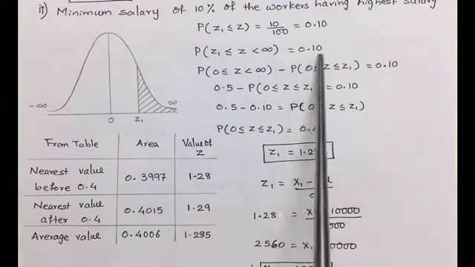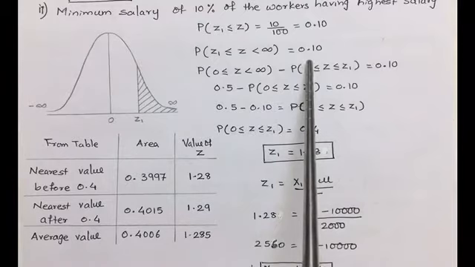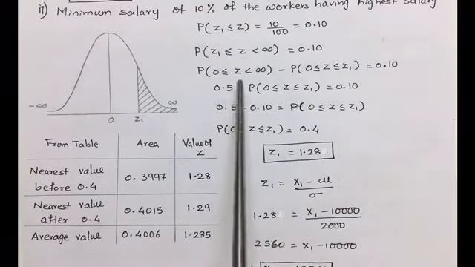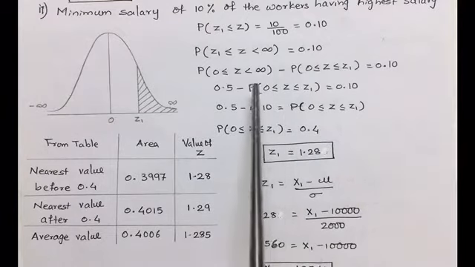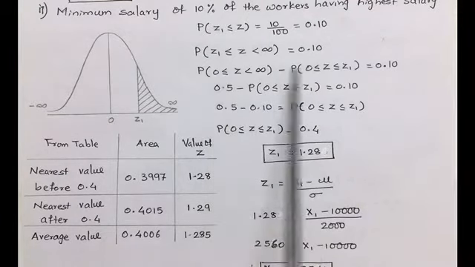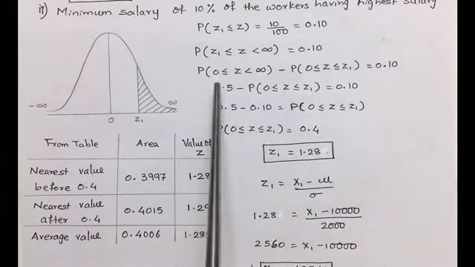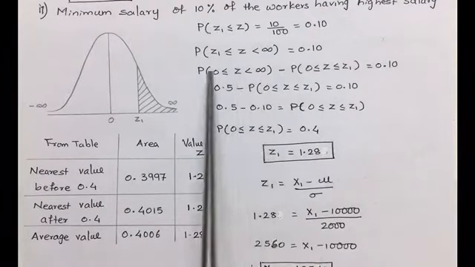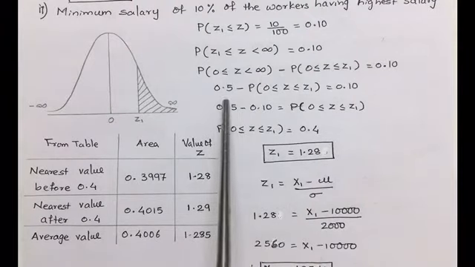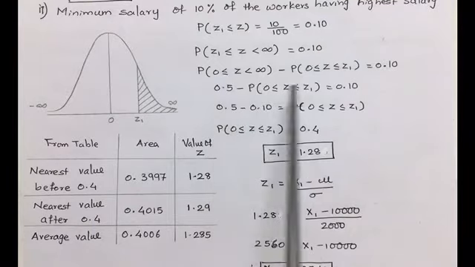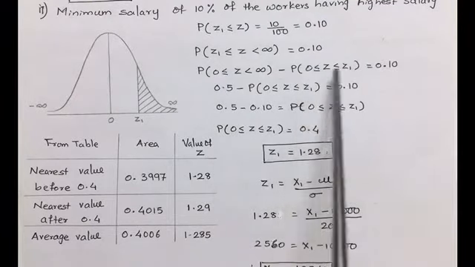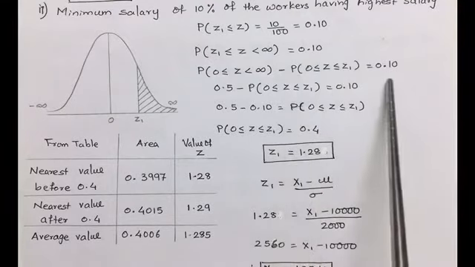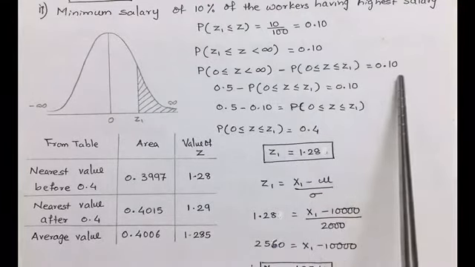Now as 0.10 is less than 0.5, we have to break the probability and subtract it, breaking the probability till 0. So 0 to infinity is to be written first, as it is having the maximum area, minus the probability of 0 to Z1 is equal to 0.10.